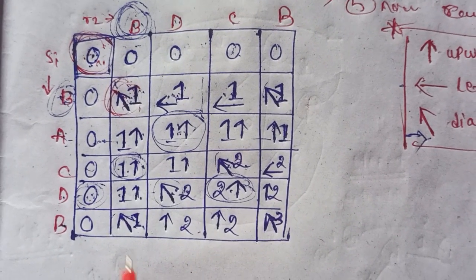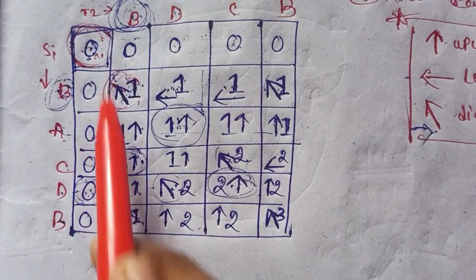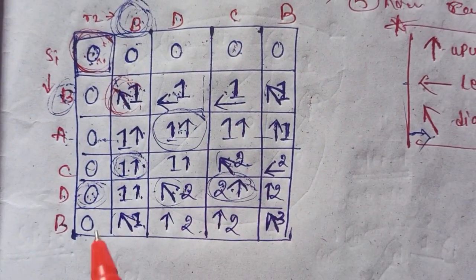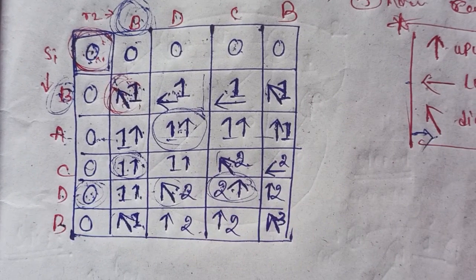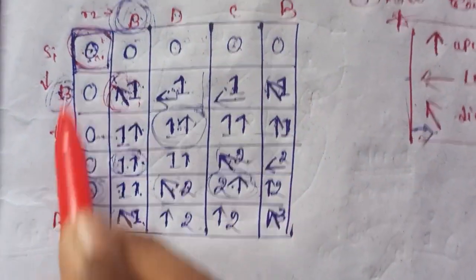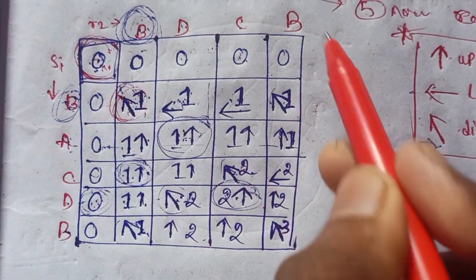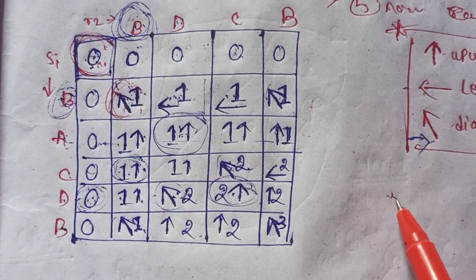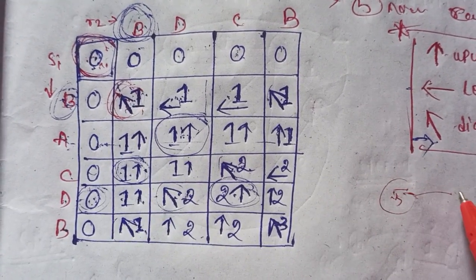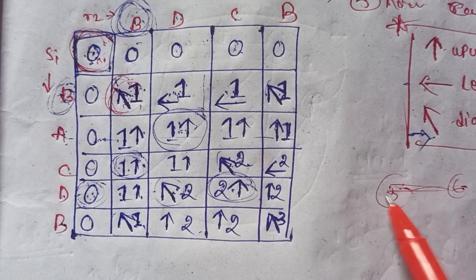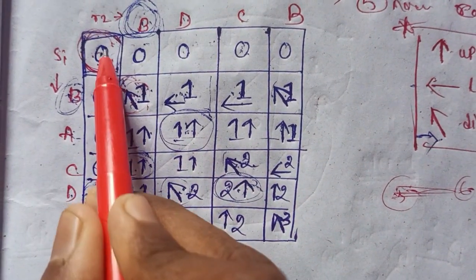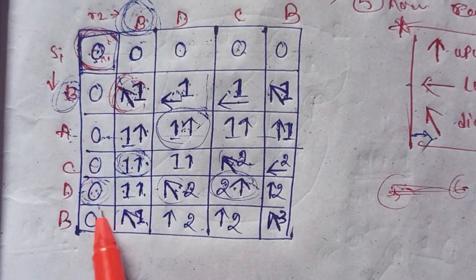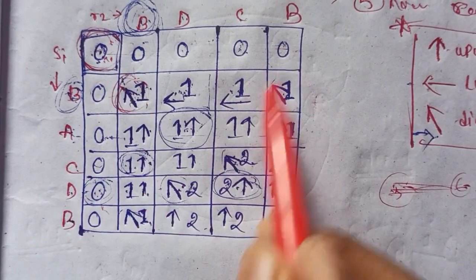Again I am reminding you. First step, we draw the matrix with size plus 1, meaning the length of the string plus 1. If the length of the string is 5, then we draw a matrix of size 6. The first step is to fill the first row and first column with all zeros.